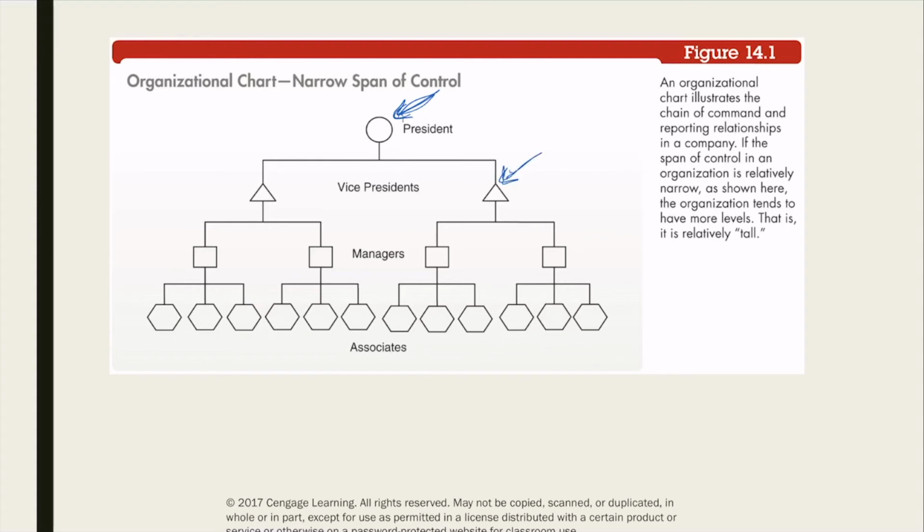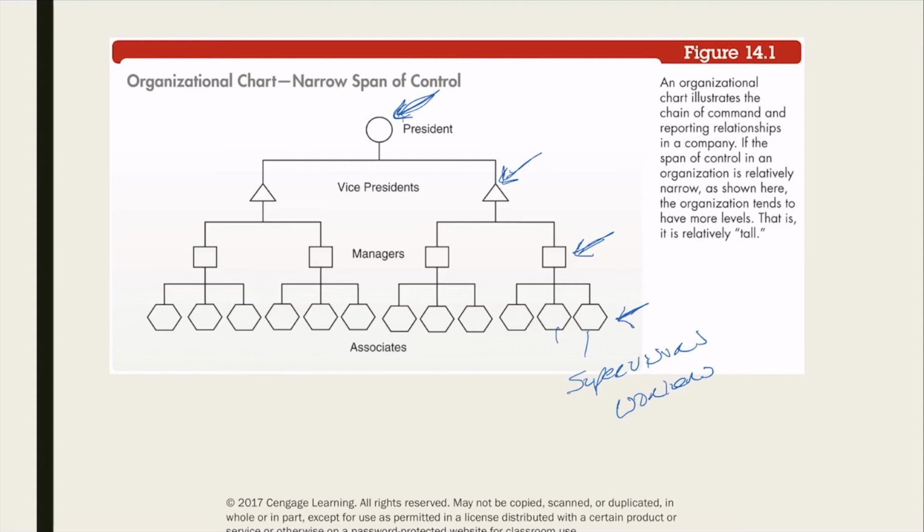You have the vice presidents, then managers, and from there associates, and then supervisors, and I'm just adding to it. And then you can have workers, but even within supervisors or managers, you can have all types of different fields.